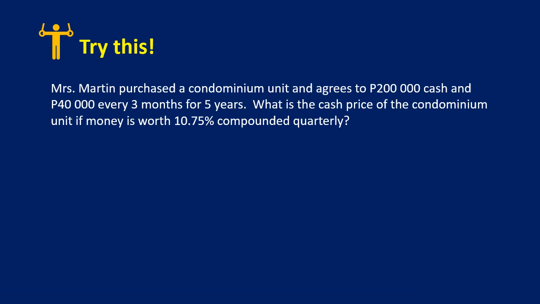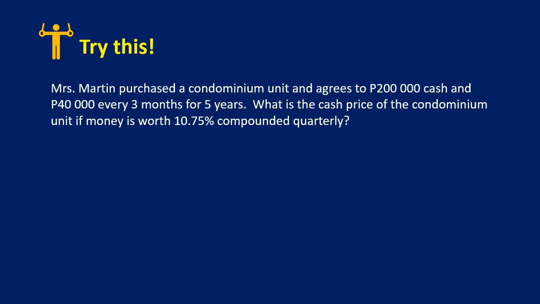Okay? All right, so let's look at these exercises again, please pause your video and try to answer the following. Okay, assuming that you have already paused your video, let us now discuss. Mrs. Martin purchased a condominium unit and agrees to pay 200,000 cash and 40,000 every 3 months for 5 years. What is the cash price of the condominium unit if money is worth 10.75% compounded quarterly?